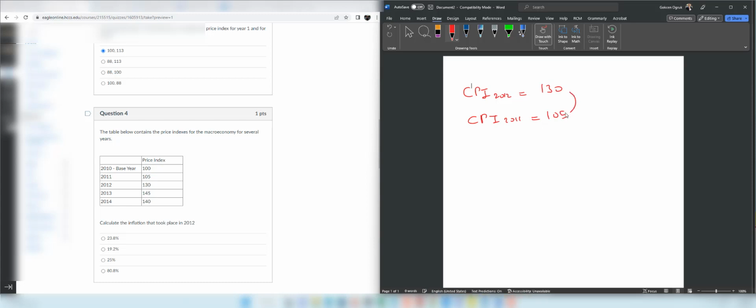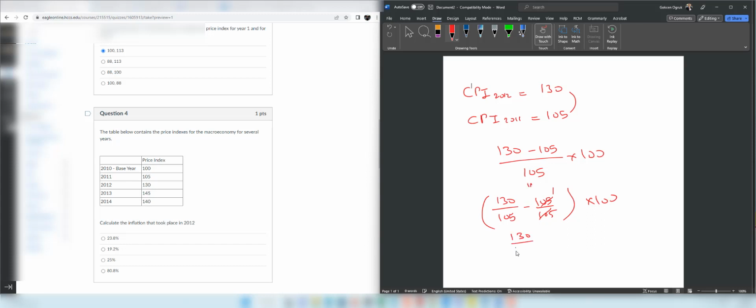So it's the percentage change. How do we find it? First we take the current period, which is the last period 2012, minus the previous period, divided by the previous period, times 100. You can actually simplify this formula. Remember this: 130 divided by 105 minus 105 divided by 105, which is 1, times 100. They are the same formula, just making it easier.